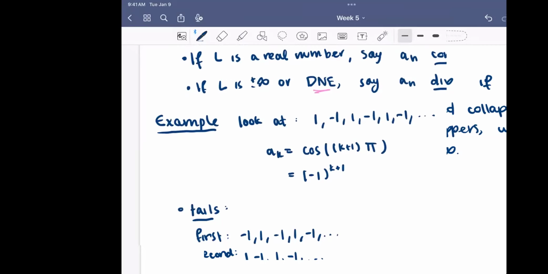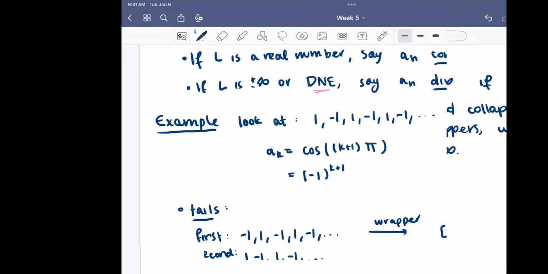So the list of tails will just go back and forth between these two things. All we need to do is figure out what the wrappers of these two things are. So what is the wrapper of this one? Yeah, this one will be [-1, 1].